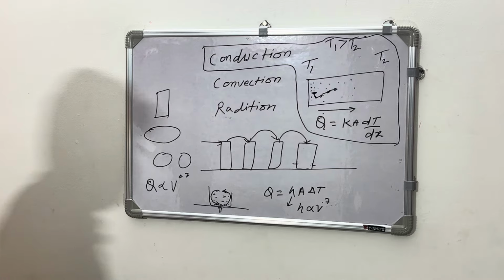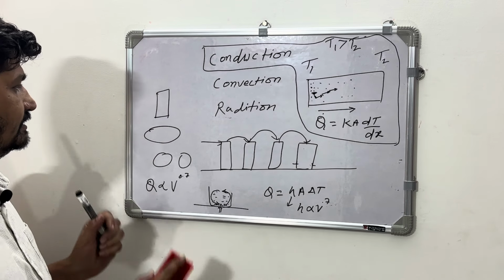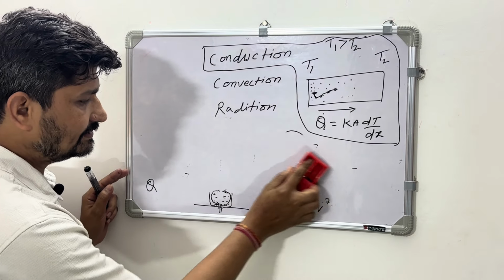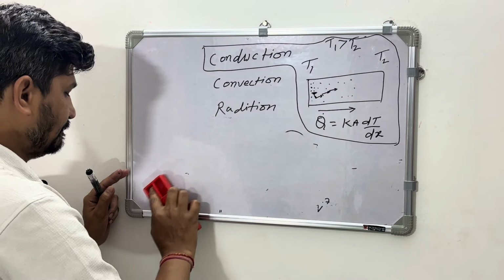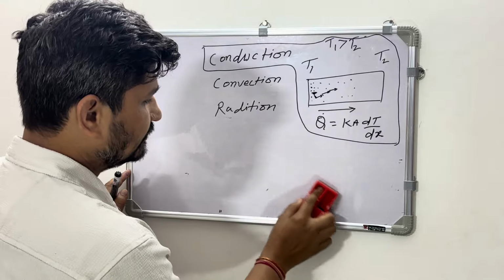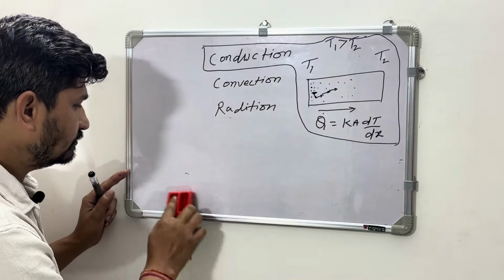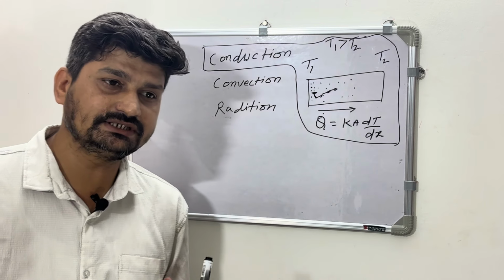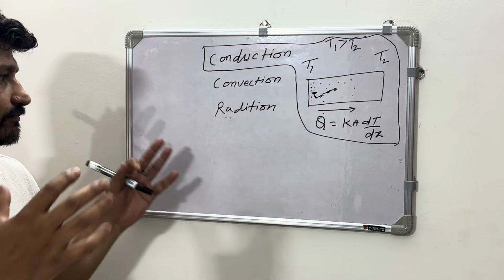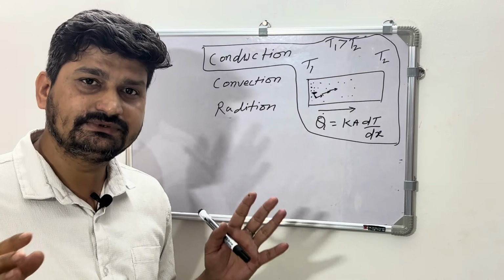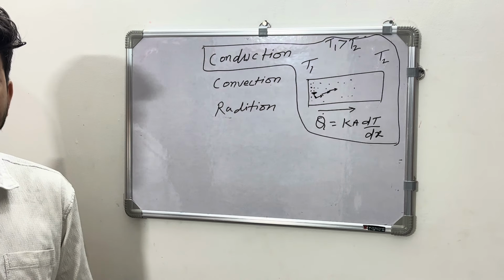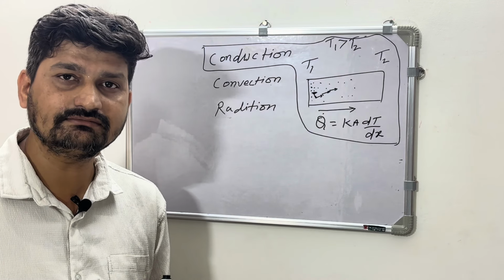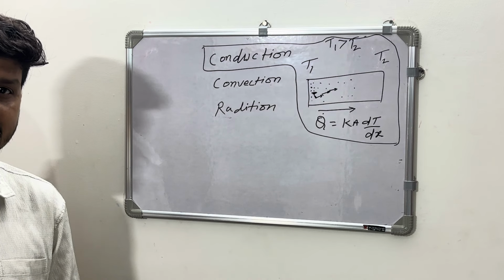Now the third mode of heat transfer is radiation. What happens in radiation? Radiation is a mode of heat transfer where no medium is required. Every object, you, me, this board, any object, radiates heat because of its electromagnetic nature, and it doesn't require any medium to conduct the heat.